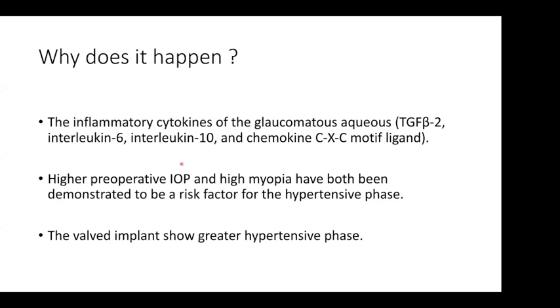Higher preoperative IOP and high myopia have been demonstrated in regression analysis as factors for the hypertensive phase. And the valved implants show a greater hypertensive phase. Why? Because the valved implants, from the first day they work, they allow the aqueous to go, so the pressure will go down. This is an advantage. But at the same time, that glaucomatous aqueous will help the initiation of the peri-plate capsule, because it has a lot of inflammatory cytokines. So eventually the pressure will go up.